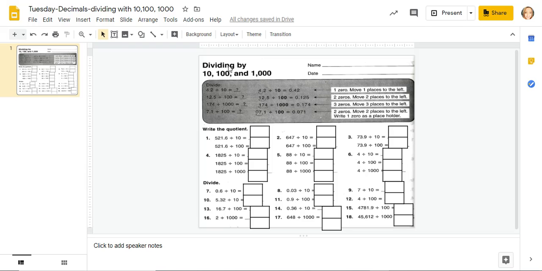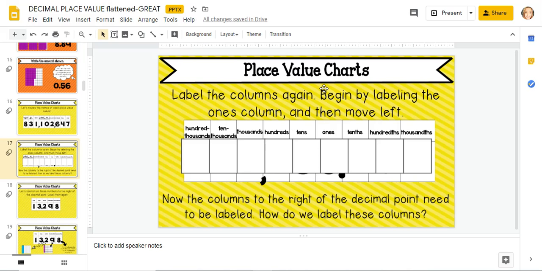So if it's dividing a number by 10, you're going to shift your decimal point over to the left one time because it has one 0. That's one place. Because we know, going back to place value land, that the charts say that anytime you're going from one place to the next, it is either going to be 10 times greater or 10 times less in every single place that you move.